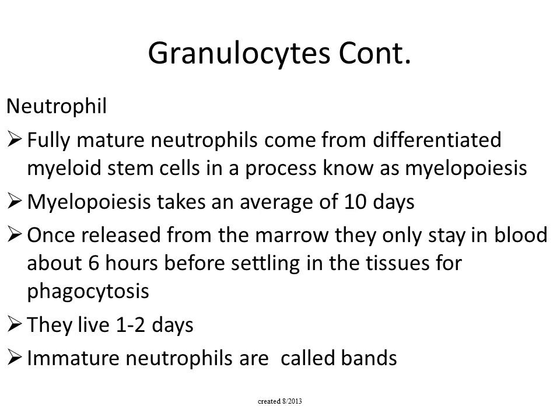Fully mature neutrophils come from myeloid stem cells, and specifically from the myeloid blast cells. Why is that important? It's important when we're talking about leukemia. It takes about 10 days to make a neutrophil. They live for only 1 to 2 days.